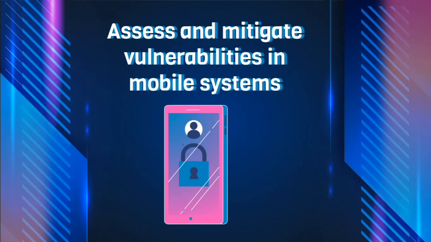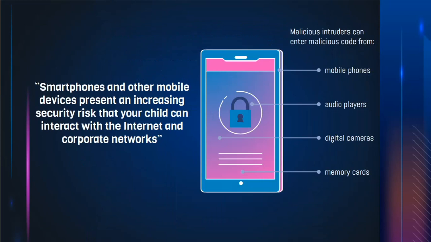Now we have assessing and mitigating vulnerabilities in mobile systems. Smartphones and other mobile devices present an increasing security risk, as they can interact with the internet and corporate networks. Malicious intruders can enter malicious code from mobile phones, audio players, digital cameras, memory cards, and USB drives.